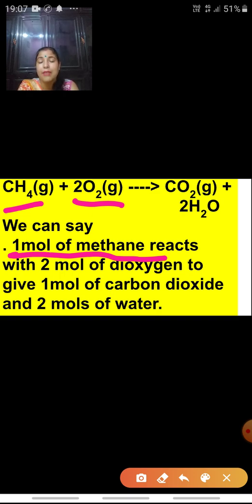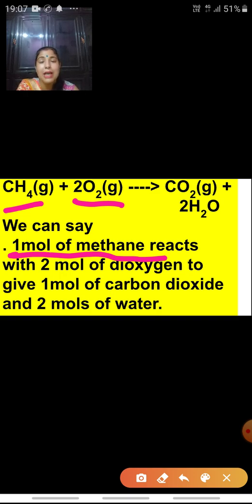Carbon is 12, hydrogen is 1 into 4. 4 atoms of hydrogen are there in the reactant. So 12 plus 4 will give 16. So instead of calling it 1 mole of methane, I can simply call it 16 grams of methane. It reacts with 2 moles of dioxygen.